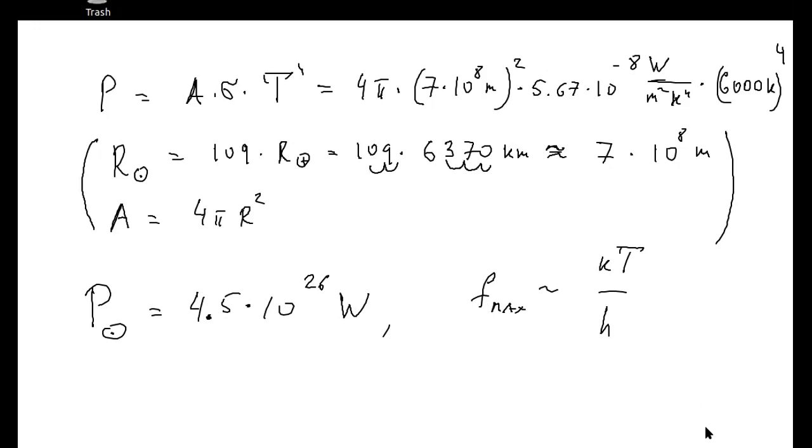How much energy do you lose or radiate? So then f max would be roughly 10 to the power 14 or 15. Oh yeah, so maybe 14 and something. Yeah. What about the human body?